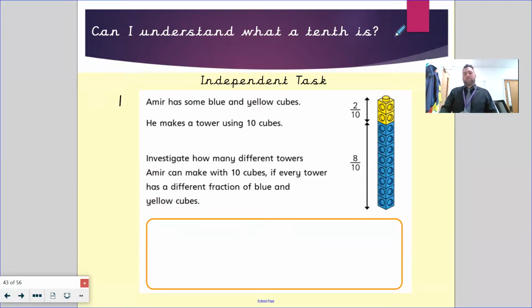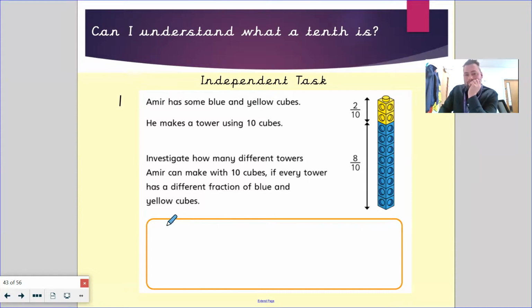Okay, the answers for you. So here we've got an example. He's making towers with 10 cubes, and if every tower has a different fraction of blue and yellow cubes, how many different towers can he make? Let's just concentrate on blues for the minute.